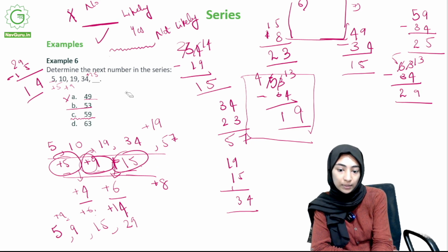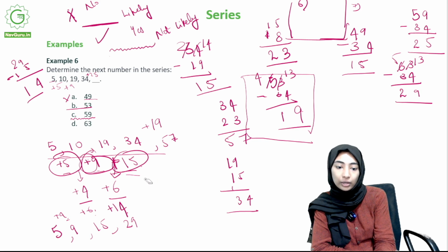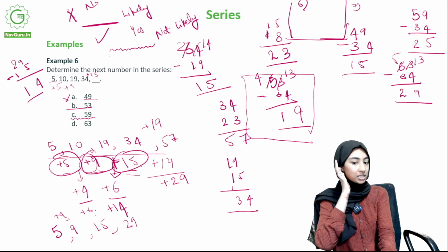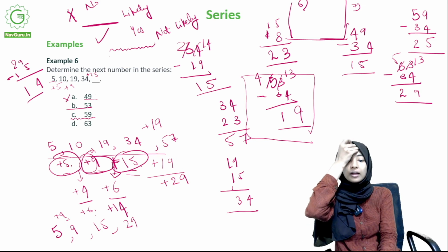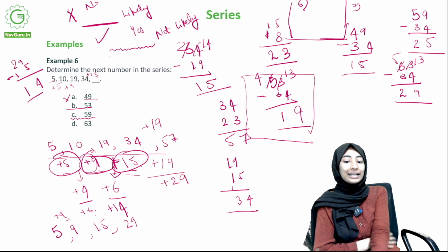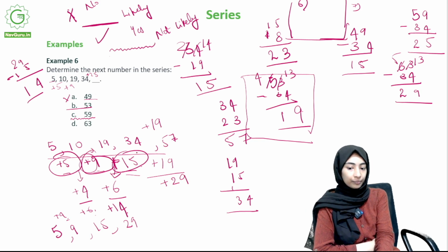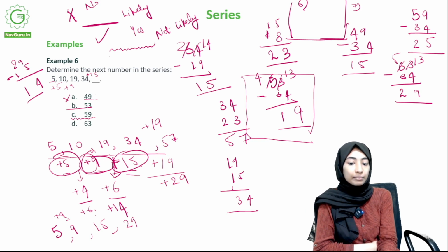What is the difference between these numbers? 5, 9, 15, and now we think it could either be a 19 or a 29. Which of these seems more probable? It is 19, right? Because see, here we had 5, 9, and then we just added a 10 to that 5. We got 15. So if you add a 10 to the second number 9, what do you get?